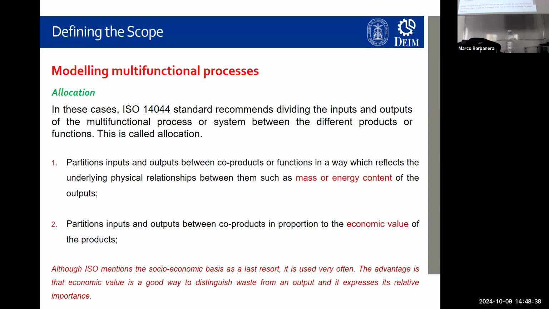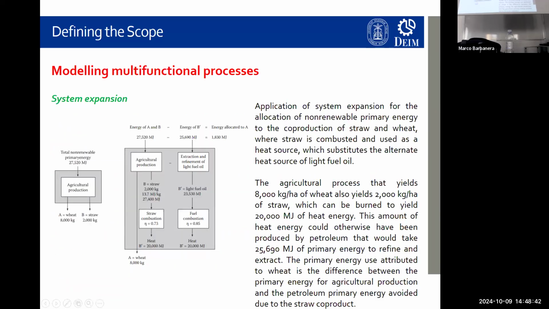For example, if we consider the previous example about wheat and straw, the agricultural process for the production of wheat and straw.